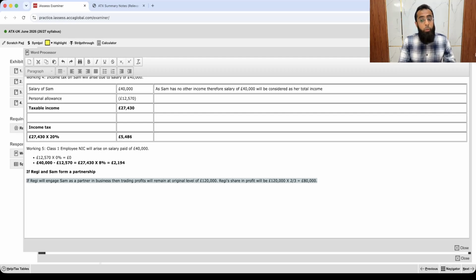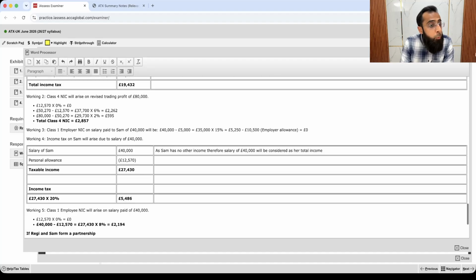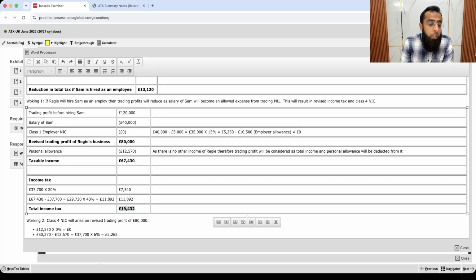Now a student can be smart in this situation. Income tax of Regi will be how much? This will be the same income tax of 19,432 pounds. Why? Because for Regi, still 80,000 of the trading profit will be subject to tax.